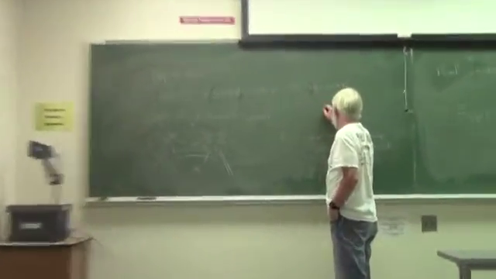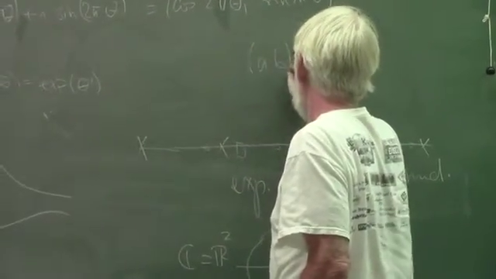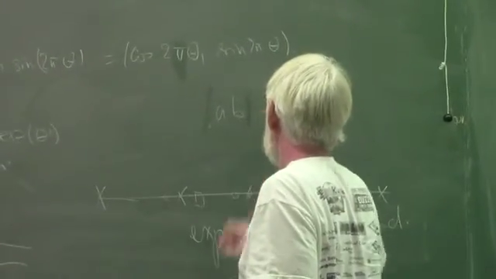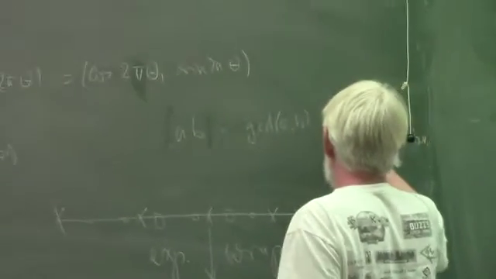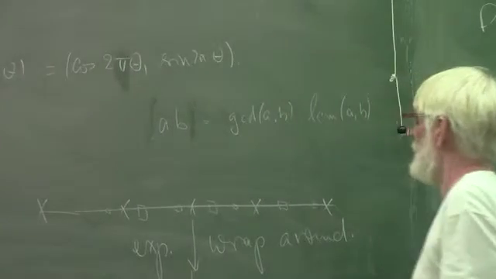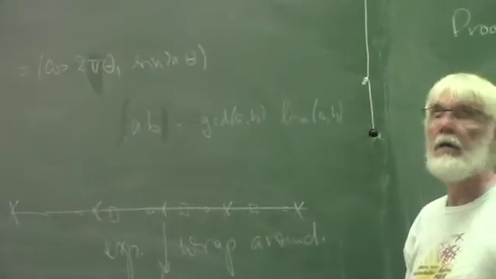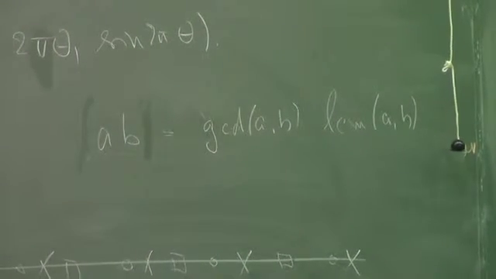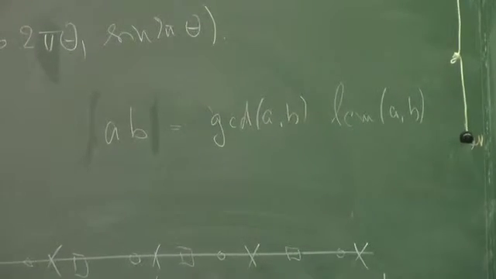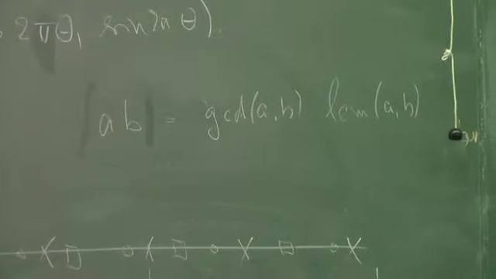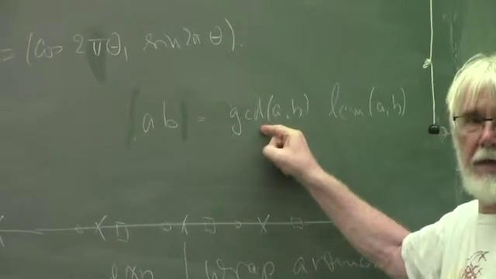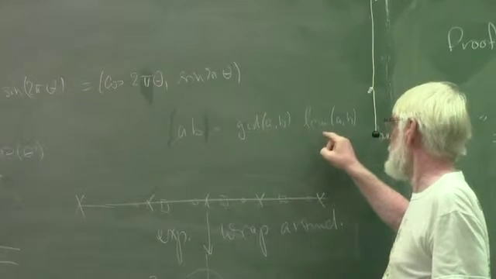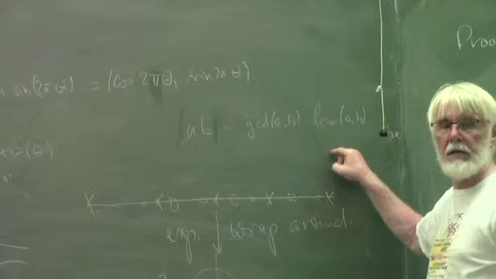at some point, you show that A times B is the greatest common divisor of A and B times the least common multiple of A and B. So if you show that any common divisor divides the greatest common divisor, that's the same as showing that the least common multiple divides any common multiple.